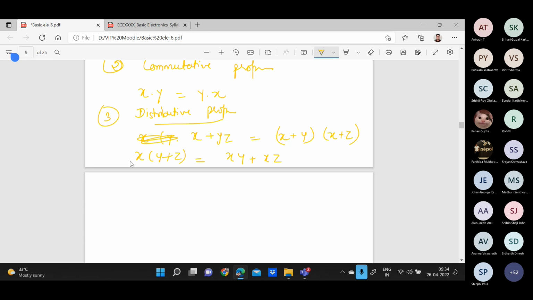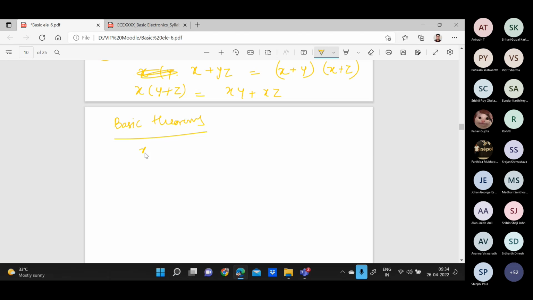There are some basic theorems. Okay. So I'm writing the basic theorems, and by using these basic theorems, we can simplify the expression. The basic theorems first say X plus 0 is equal to X. X dot 1 is equal to X. X plus X bar is equal to 1.